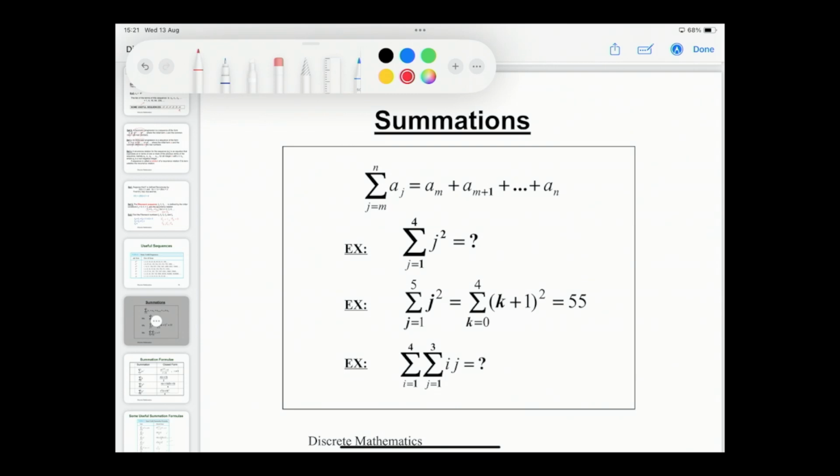So j is incremented by 1, so that the first term is a_m, the second term is a_(m+1), up to a_n. Sum of a_j.